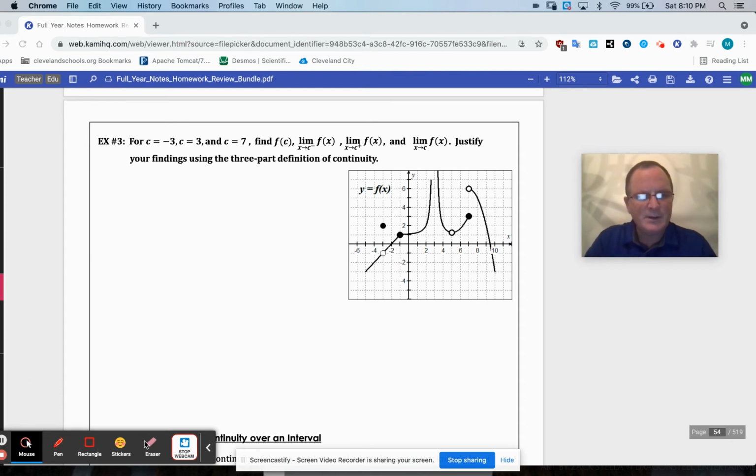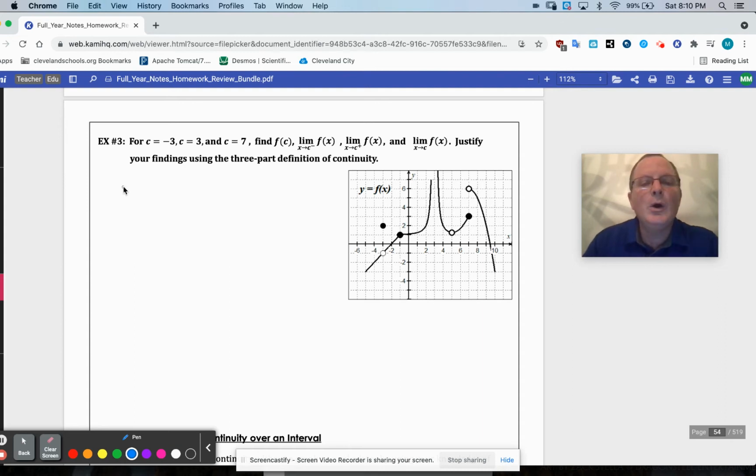All right, so here we go. When c is -3, I'll just go ahead and start. C equals -3. The limit as x approaches -3 from the left, and our function is f of x.